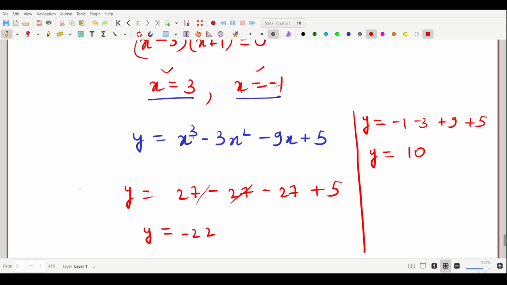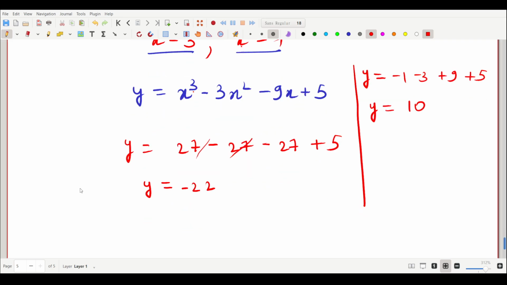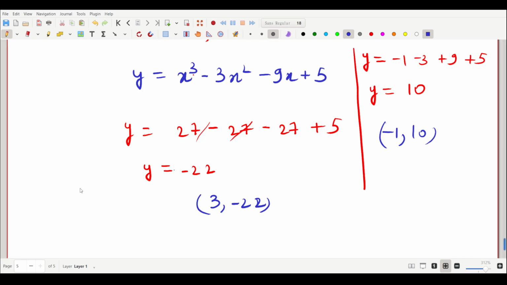So we have two coordinates this time. When the value of x was minus 1, it's minus 1 comma 10, and from here it's 3 comma minus 22. Two points we have here.